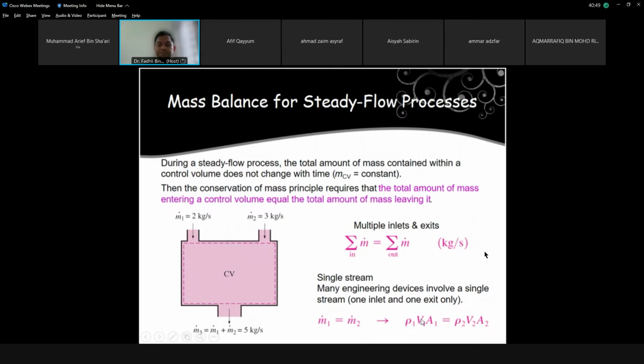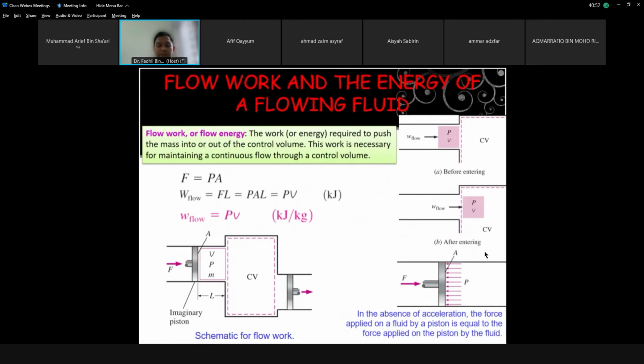Okay, and then in open system they have another new property which is flow work. Flow work is the work required to push the mass entering and leaving the system. Okay, so in order to make the mass enter or leave the system, we need to have a force. Kalau ada force and then ada distance, situ akan ada kerja. Okay, they have work there.